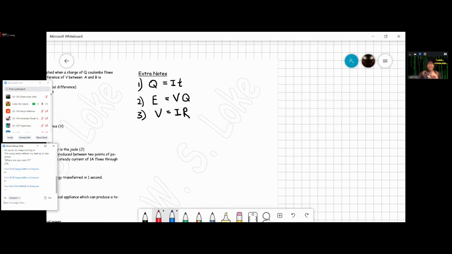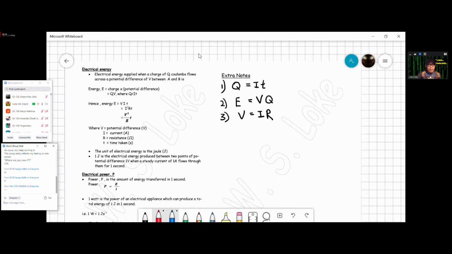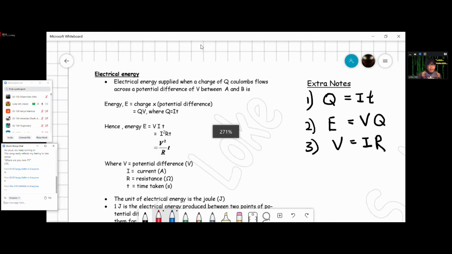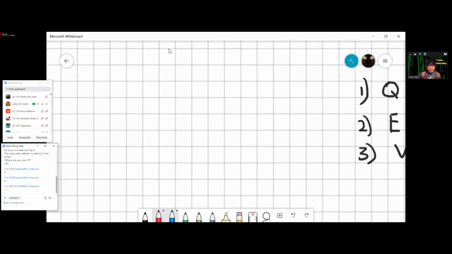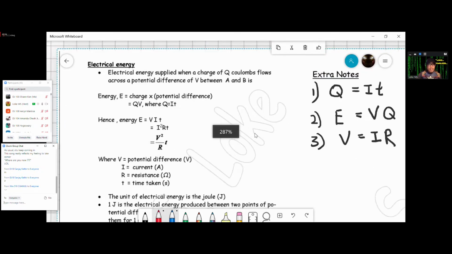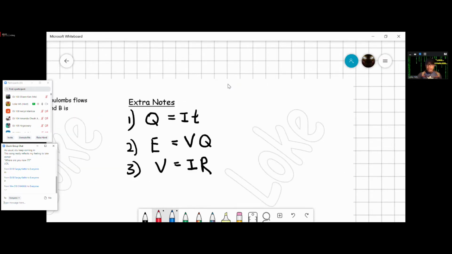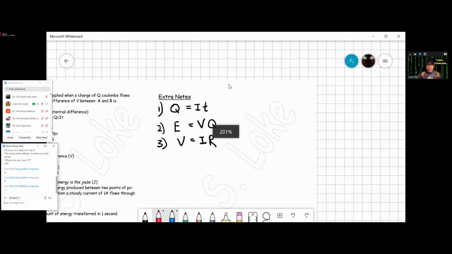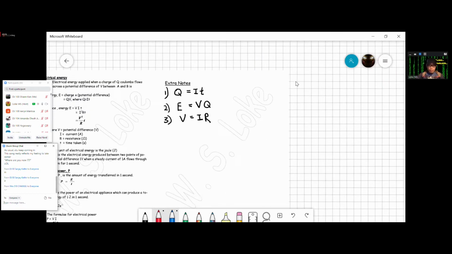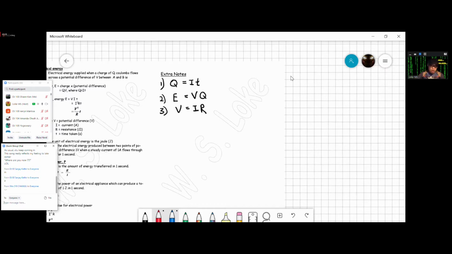This actually explains everything I said just now, explained in this page. I just wrote it down for you in a few lines on the right-hand side. Just want to show you it's not difficult at all. Look at this. If you use the first formula and combine it with the second formula, you know what you're going to get?